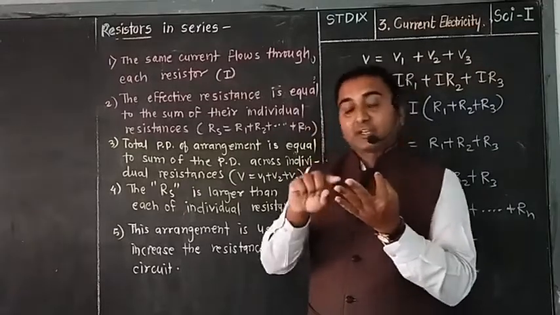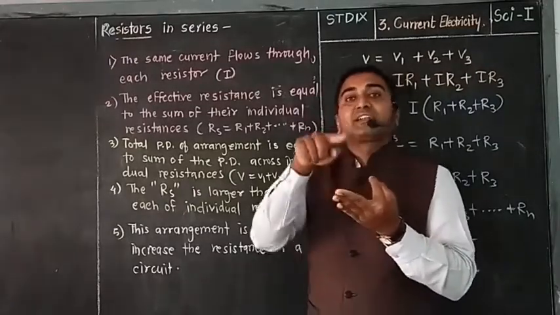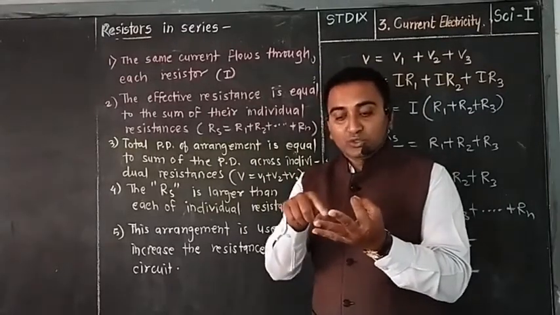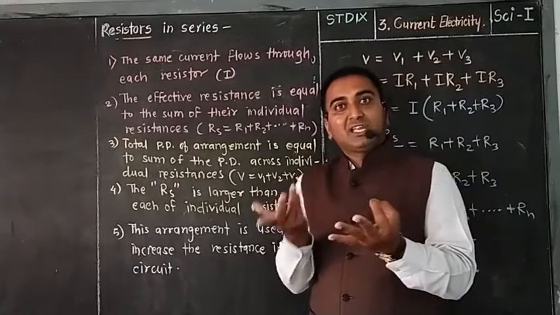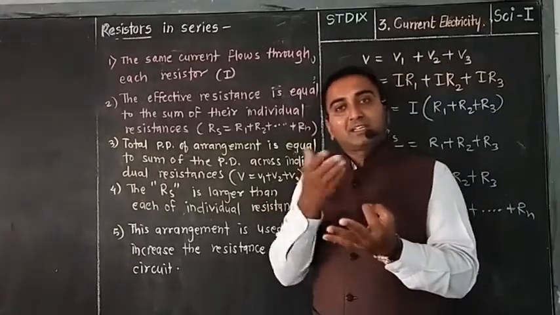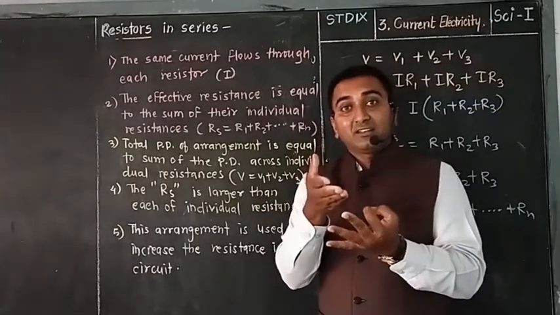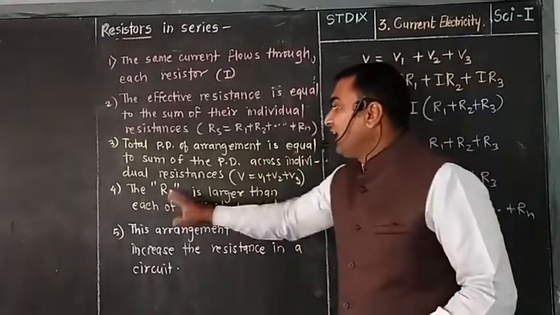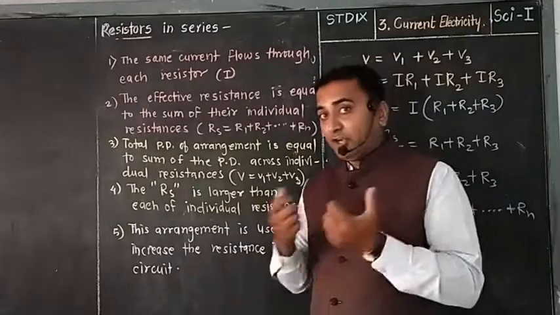It is also greater than 3 ohm. It is also greater than 5 ohm. Got it or not? So individual 2, 3 and 5. So always 10 is greater than 2, 10 is greater than 3, 10 is greater than 5. So when we consider the individual ones, RS is always greater than the individual resistances.